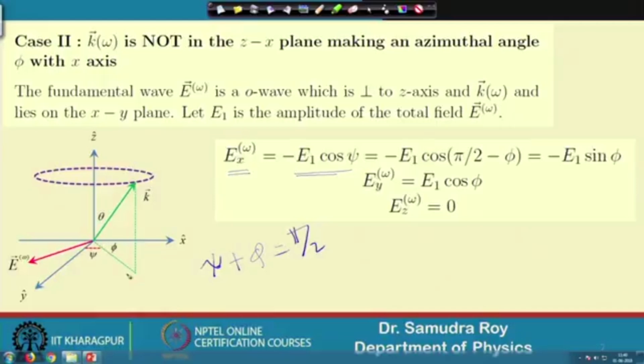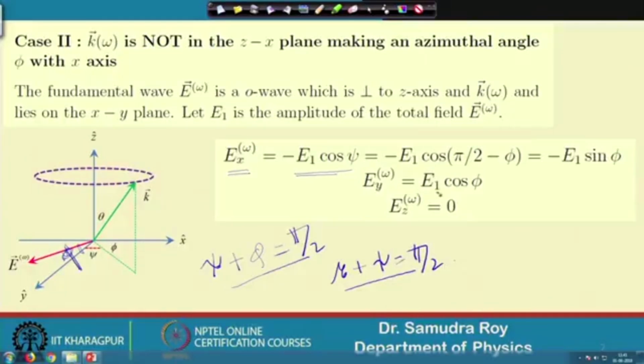If I call this angle mu, then mu plus psi is also pi by 2. So, from these two equations we can say that this angle is phi. So, if this angle is phi, then we can readily derive the different components.